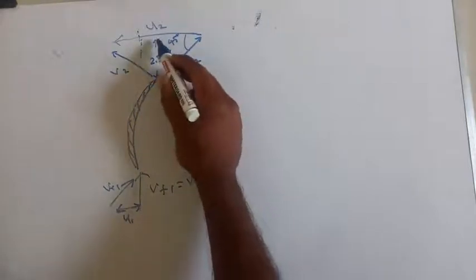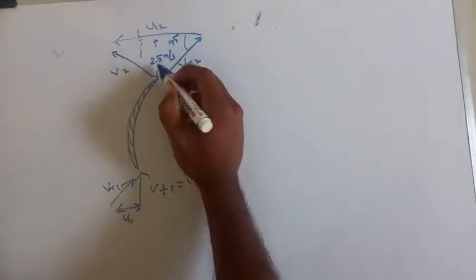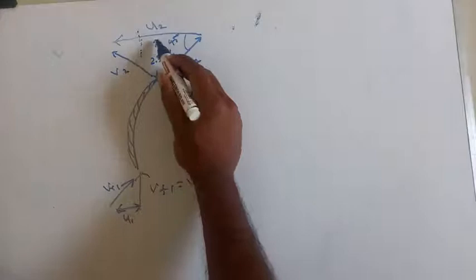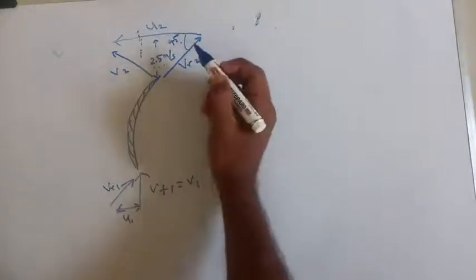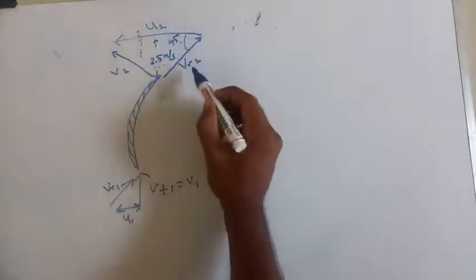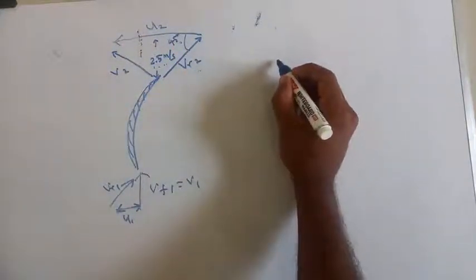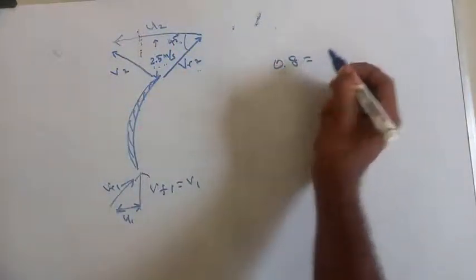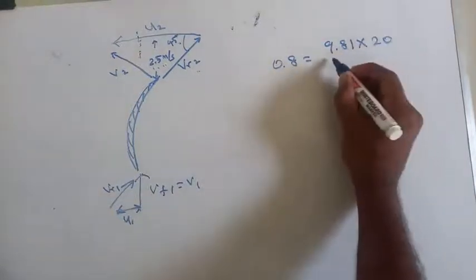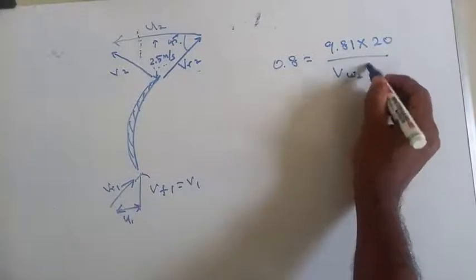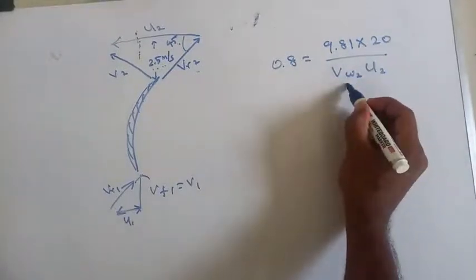Now see here, the flow velocity at outlet is given as 2.5 meter per second. The vane angle is given as 45 degree, but they didn't give U2 or VR2. But they gave the manometric efficiency, and with g as 9.81 and the head as 20, divided by VW2 U2. We don't know VW2 and U2.